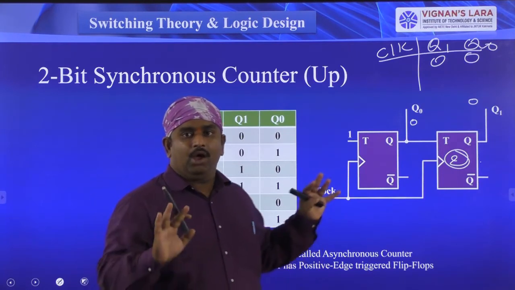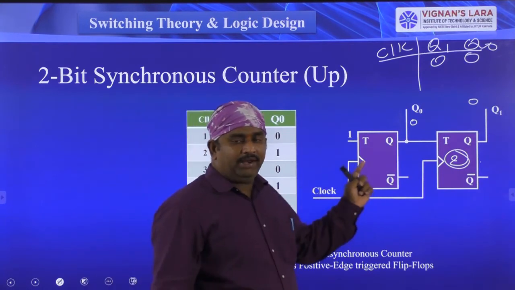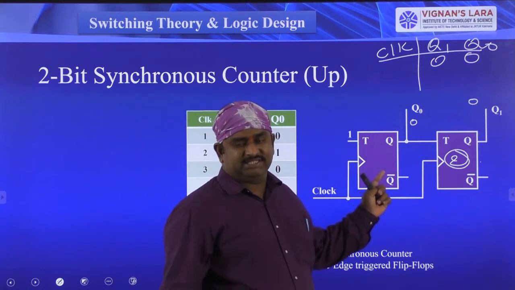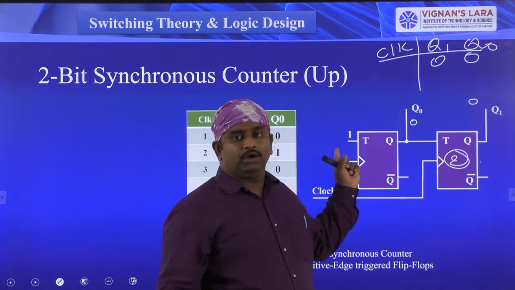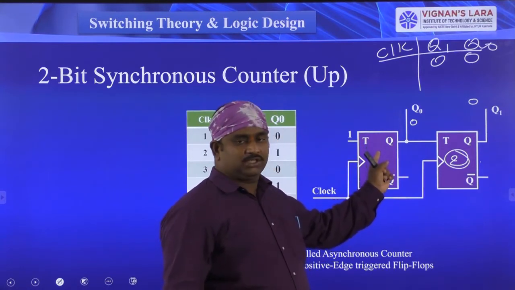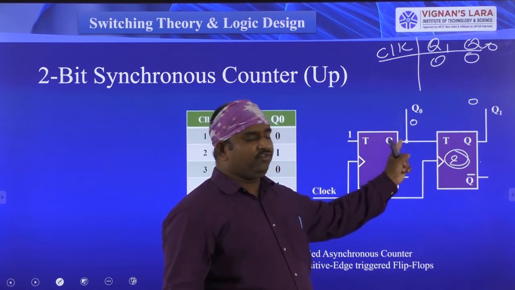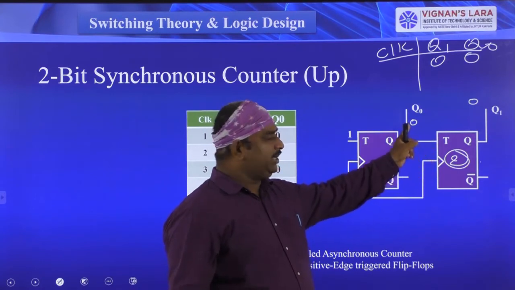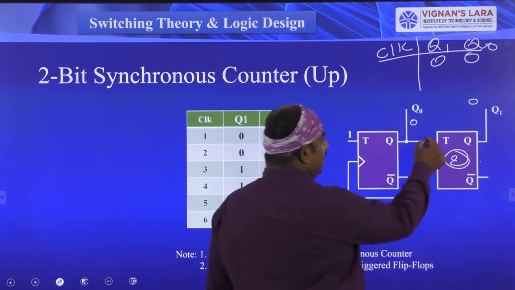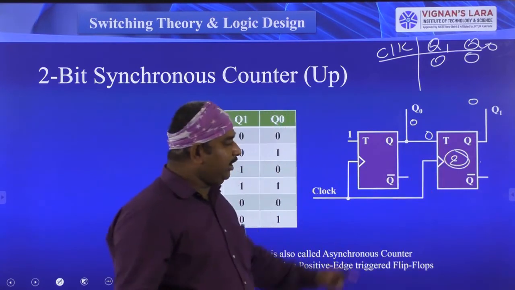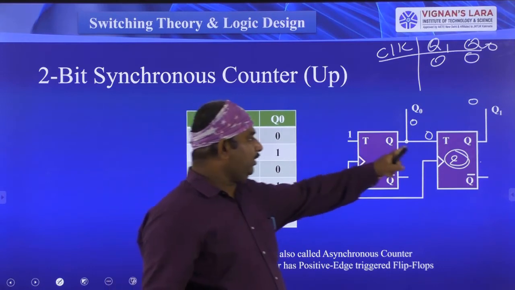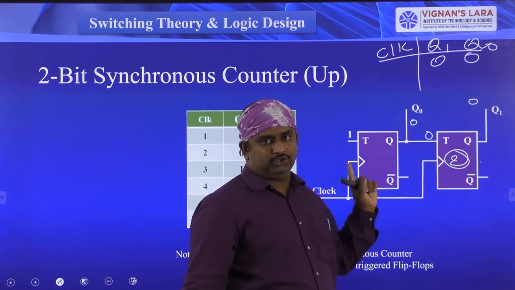Before giving the clock signal, I have to decide what the inputs are. For this T flip-flop, the input is equal to 1. For this T flip-flop, the input is equal to the output of the first flip-flop, so here it is 0. That means when I am giving the first clock signal, the first flip-flop T input is equal to 1. The second flip-flop T input is equal to 0.